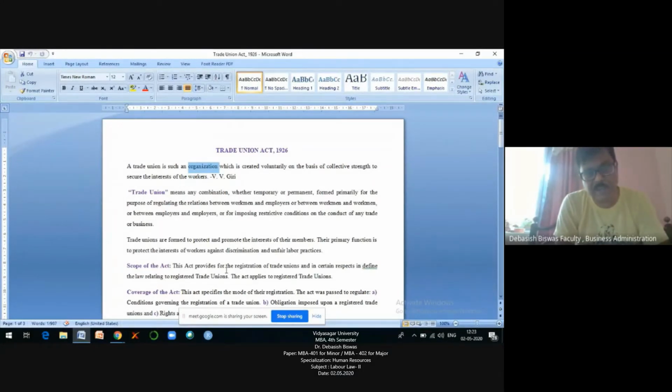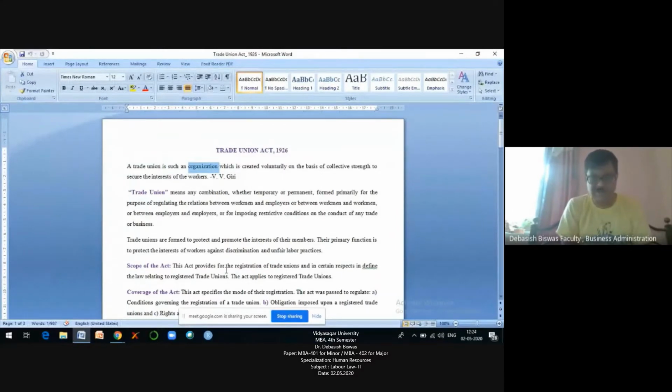So whatever action you have taken as an HR manager is not the right action. Because being an HR manager, first you have to ensure that when you are giving recognition to a particular trade union, that trade union has to be registered. Otherwise, you cannot give them recognition. Clear?